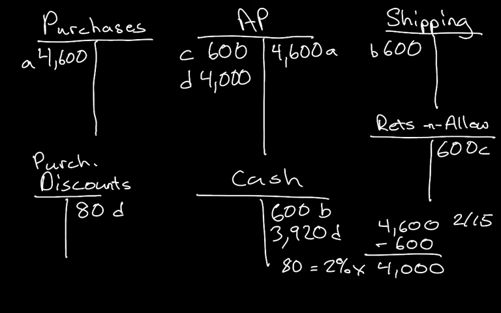Now, on the 18th, they purchased merchandise from Frisk Company Corporation under the following terms: $8,500 price, invoice dated April 18th, credit terms of 2/10, n/30, FOB destination point. And I've highlighted this many times in class.